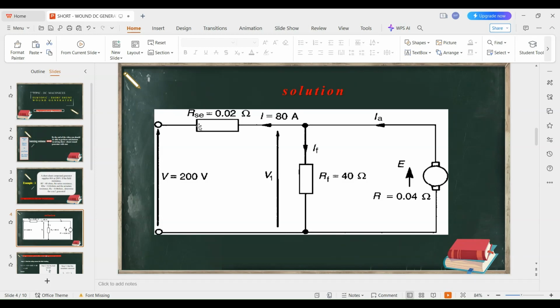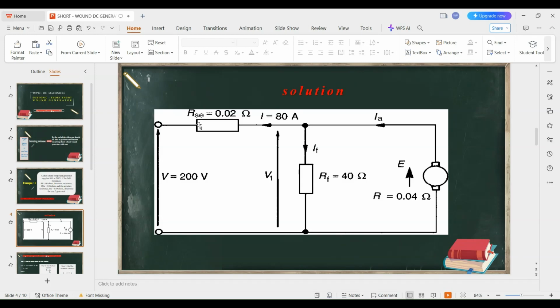When you sum up these two voltages, we shall get 304.5 volts. I believe it's clear, but if not clear, you can pause the video and try to perform it. If there is any problem, let me know in the comment section and I will address it immediately.